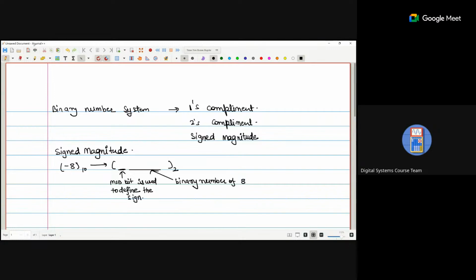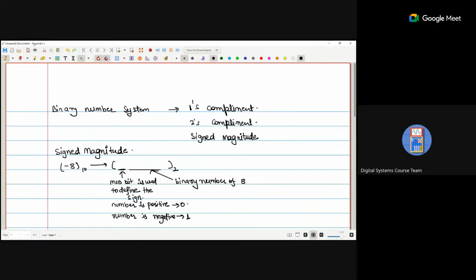If the number is positive, the MSB is 0. If the number is negative, the MSB is 1.